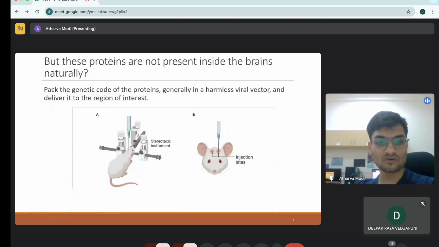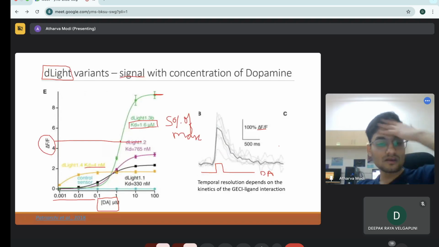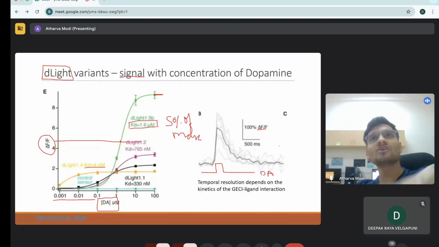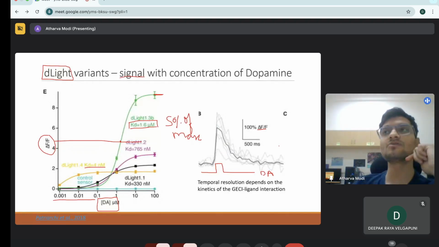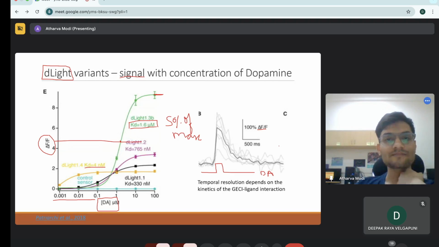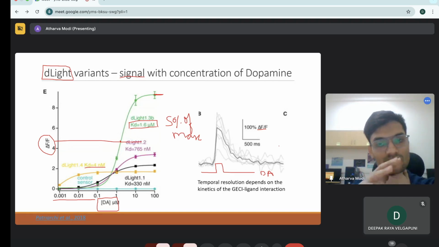This is the overall gist, but the thing is that these kinds of proteins are not expressed inside the brain. So how do we get them into the brain? That's one question. We can measure different kinds of neurotransmitter or activity level inside the brain using these, but how do we get them inside the brain?